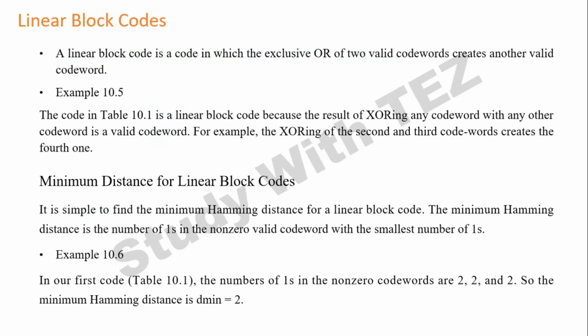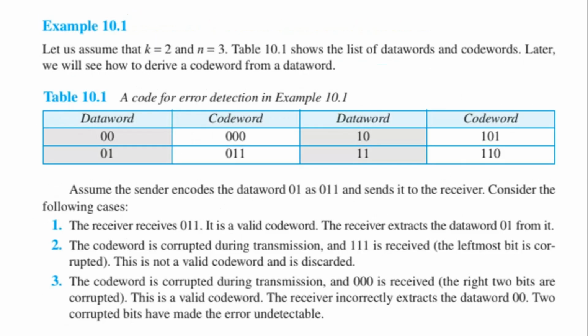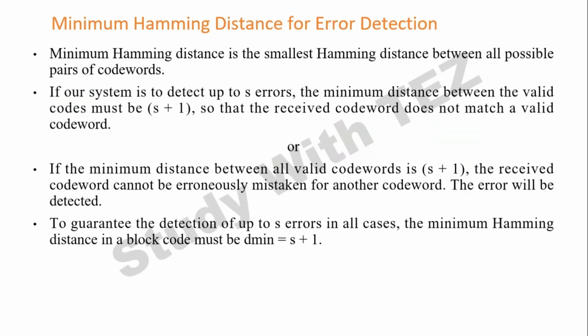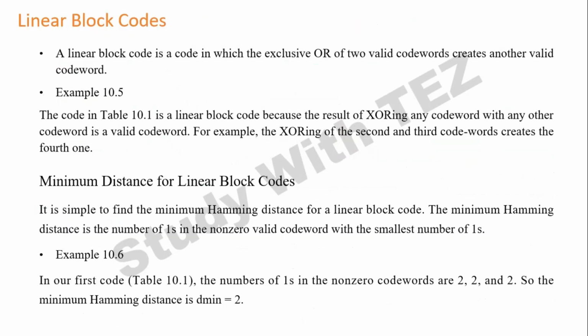For example, the same table is being explained here: 00 goes to 000, 01 to 011, 10 to 101, and 11 to 110.